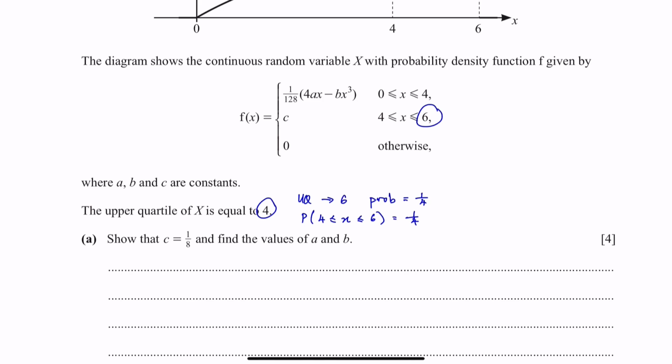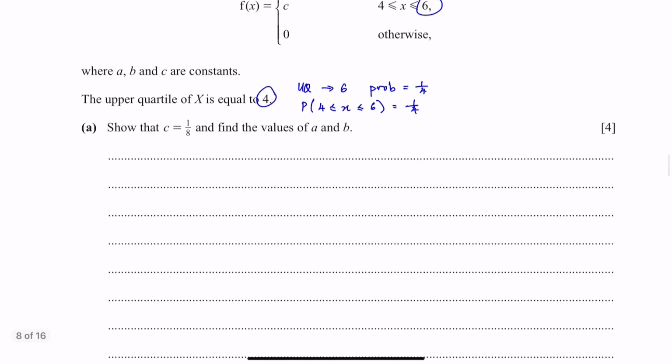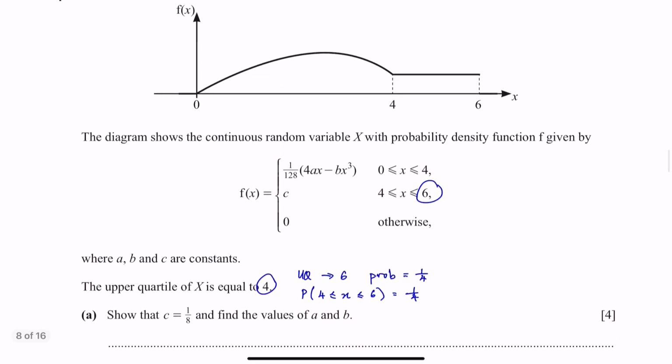Alright? So for part A, we have to show that c is 1 over 8 and find the values of a and b. So we can use this information over here. To find the probability, we have to integrate this function.